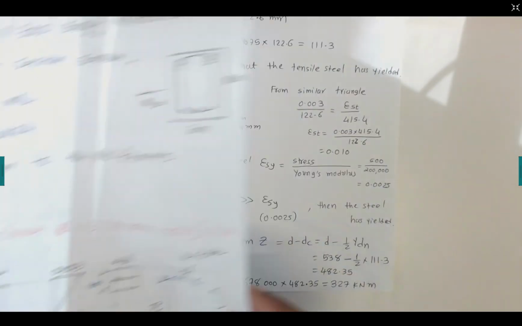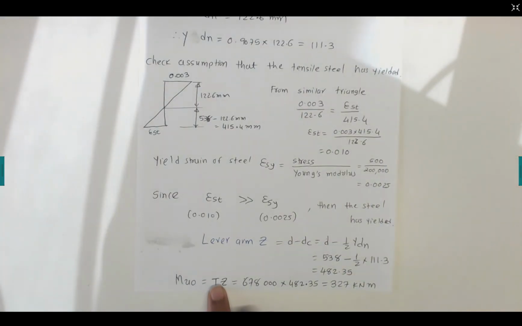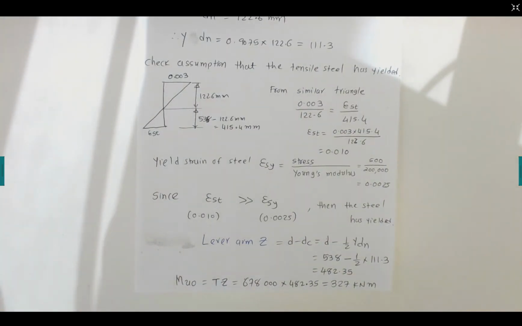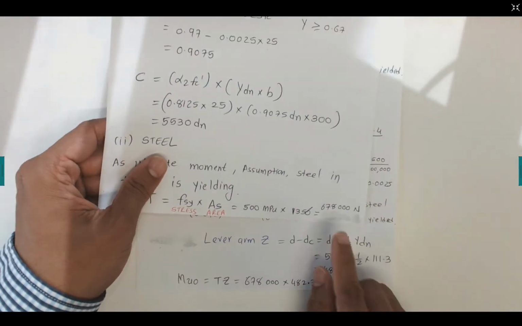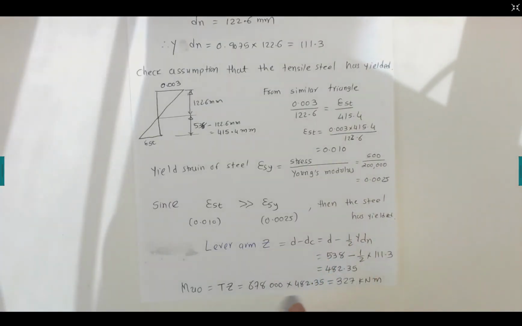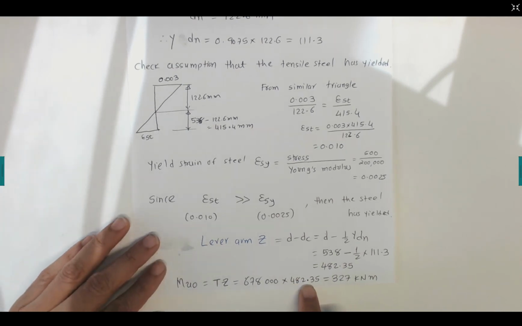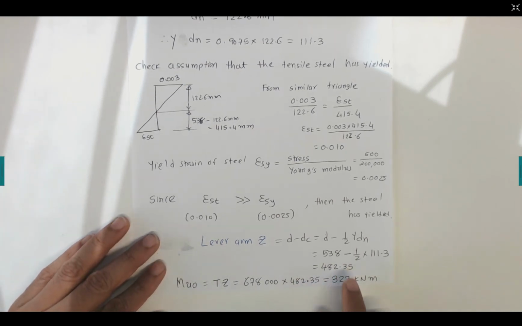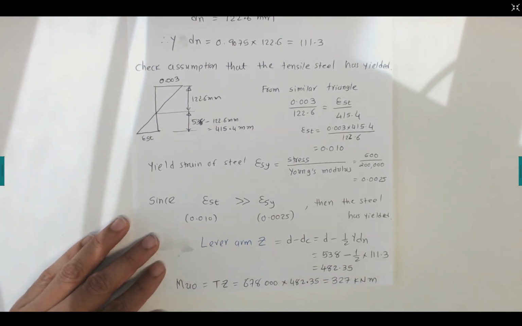Both will give you the same answer. The simplest way, we already know the tension force, which we calculated as 67800, times 482.35, the lever arm we just calculated. That gives us 327 kilonewton meters. So that is the answer. Thank you.